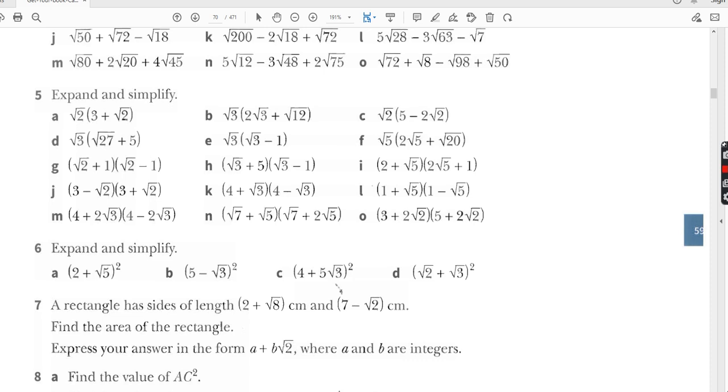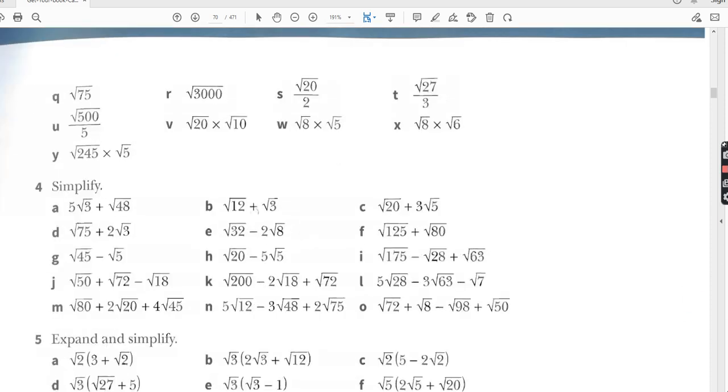So there are 82 questions in this exercise 3.4.